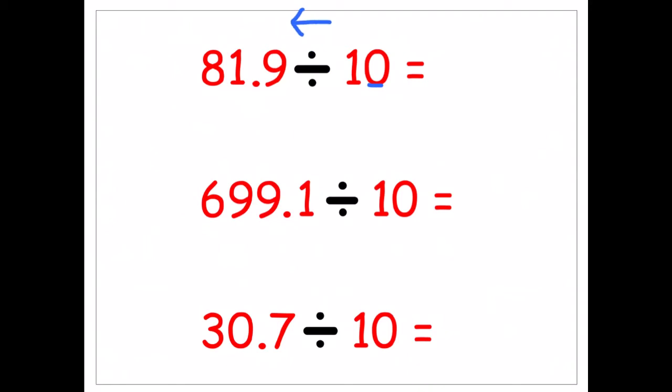So our first one, 81.9, and we're dividing it by 10. So my decimal point will move to the left. It's going to move one place, so it finishes up between my 8 and my 1, giving me an answer of 8.19. Second question, 699.1 divided by 10.